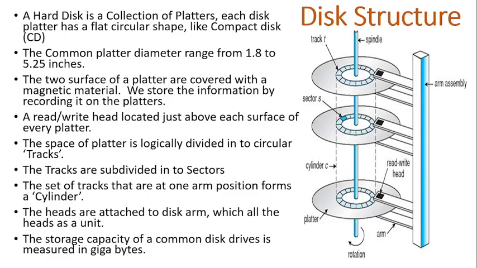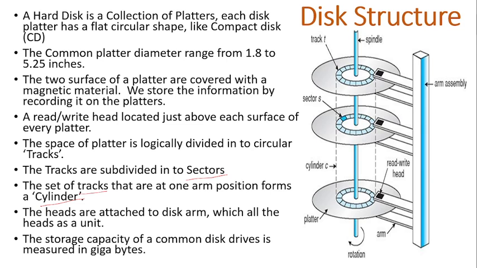The next thing is the hard disk structure, where the hard disk is of a cylindrical structure with arm positions called cylinders, which comprise a set of tracks, and each track is subdivided into sectors, where we are going to have the data in particular blocks. This is the diagrammatic representation of a disk structure, where a hard disk is a collection of platters.